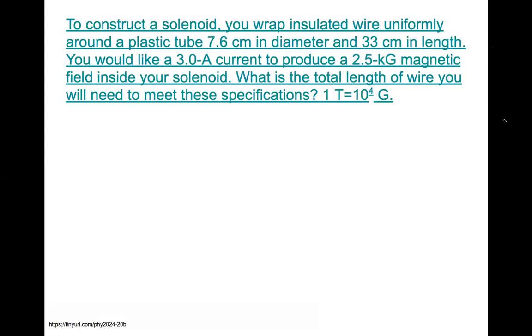You would like to send a 3.0 amp current to produce a 2.5 kilogauss magnetic field inside your solenoid. What's the total length of wire you will need to meet this specification? The conversion factor is 1 Tesla equals 10 to the 4th Gauss. G stands for Gauss, so 2.5 kG means 2.5 kilogauss.